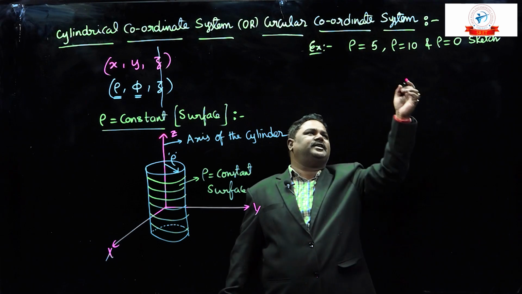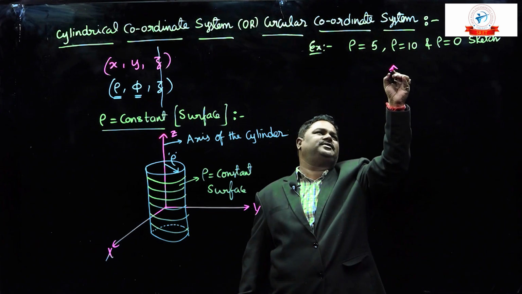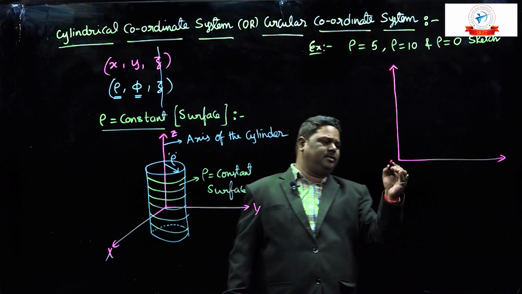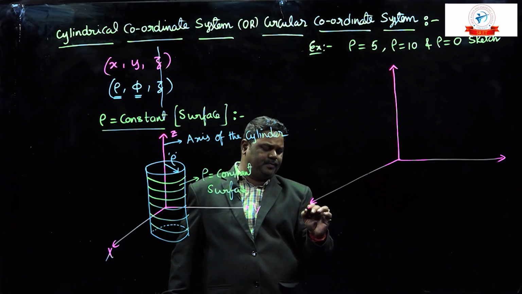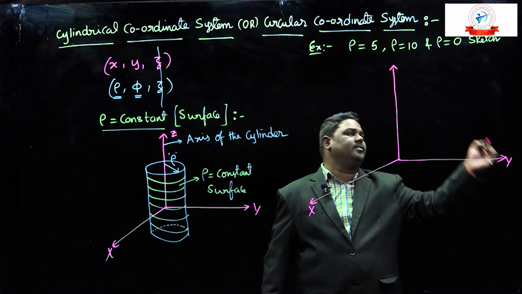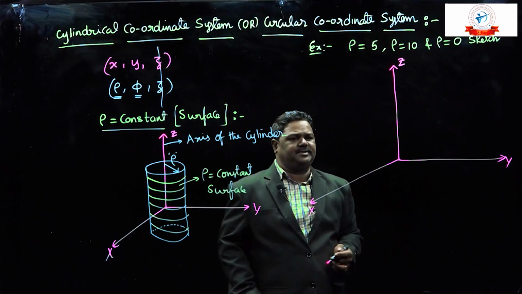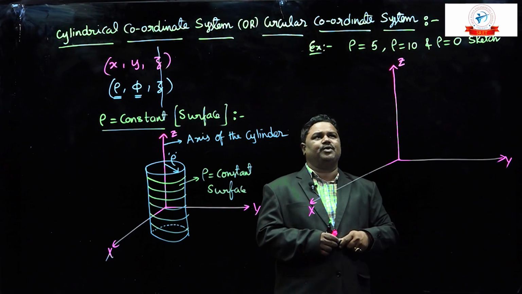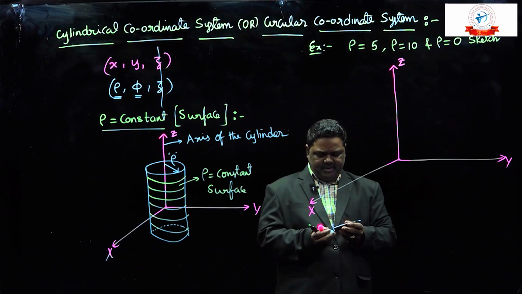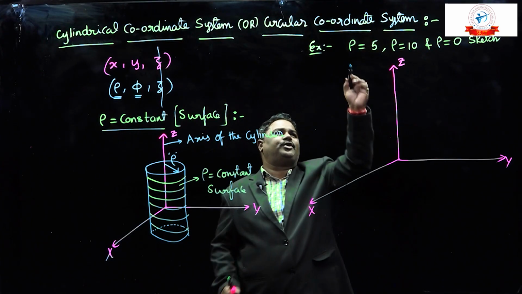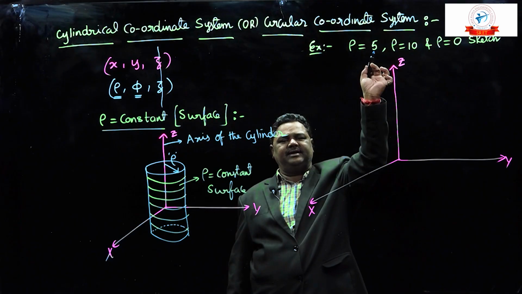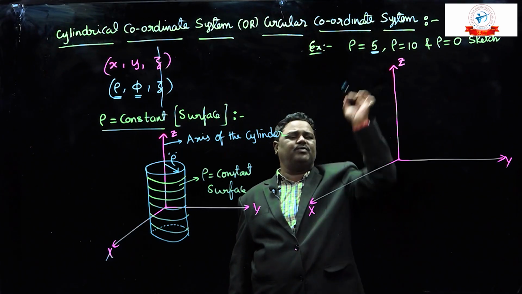First consider the coordinate axis. In this coordinate axis, first let me tell you what rho is equal to 5 is. You know that rho is equal to 5 is a surface of a cylinder when the cylinder radius is equal to 5.